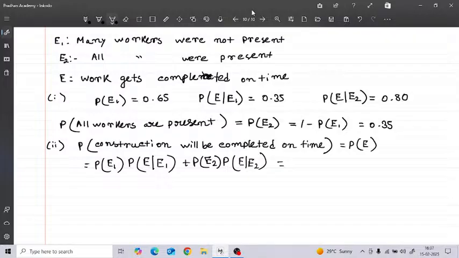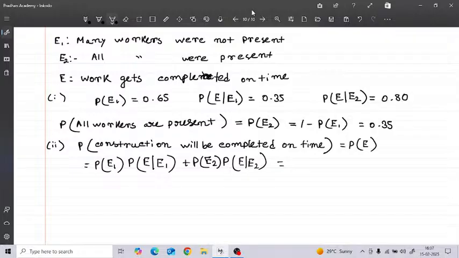This total probability denotes that construction will be completed on time. These two are sub cases. The first sub case represents that many workers are not present but the work gets done. The second sub case denotes that all workers are present and the work gets done.